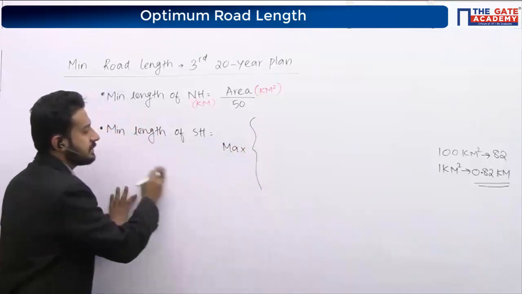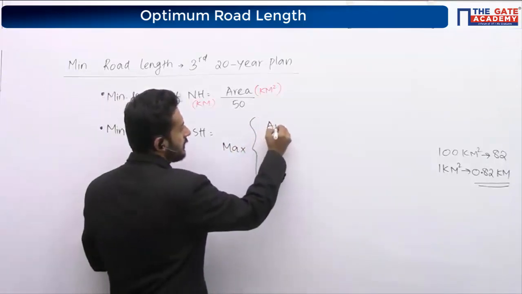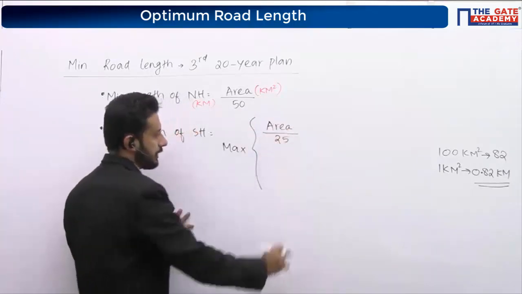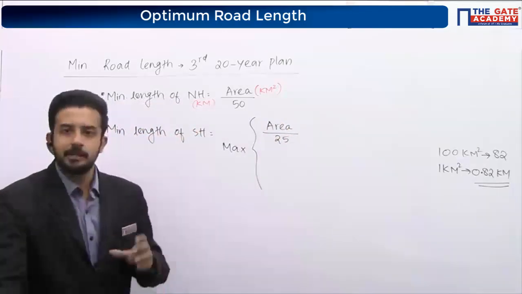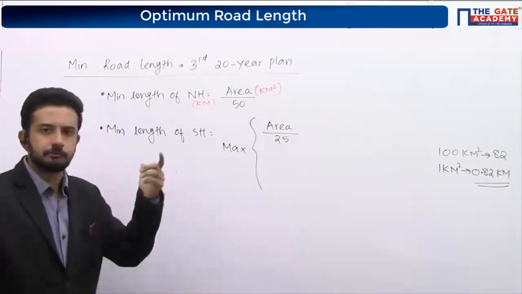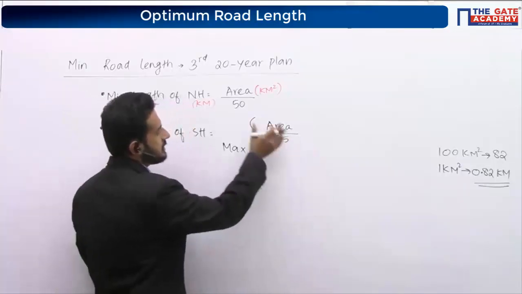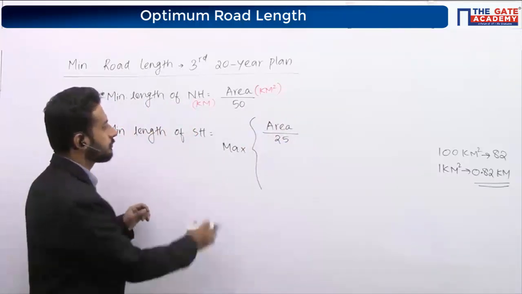Whichever gives the maximum value, that's what we take. This is area by 50 and this is area by 25. Based on many surveys and calculations, they have formulated one empirical equation. That's why the numbers 50 and 25 are coming. Based on this, substitute the same kilometer square, and you get the answer in kilometer.